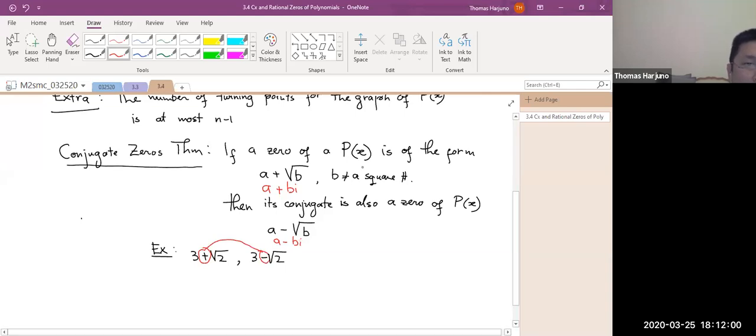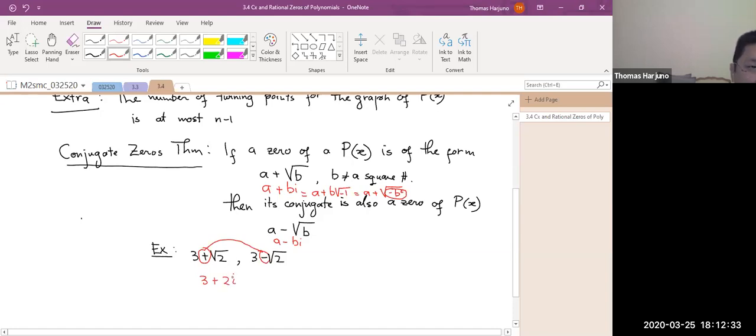Now, you notice that a plus bi is actually a plus b square root of negative 1, right? Or we can say that's the same as a plus square root of negative b squared, if you think about it. But notice that even though I have b squared inside, because of the negative, that's not a square number. Let's say, for example, I have 3 plus 2i.